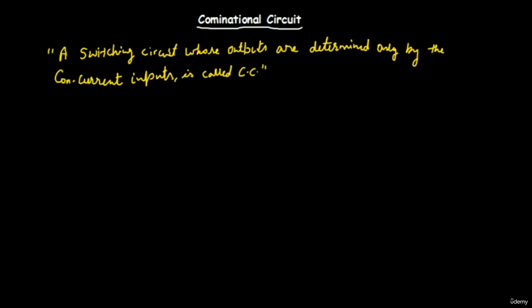I hope it worked for you. Why have I not written it already? Because I wanted to give you a glimpse of what a combinational circuit actually means. What do you mean by that, Om? Can you please explain? Yes, sure, my dear friend. A switching circuit whose outputs are determined only by the concurrent inputs is called a combinational circuit.